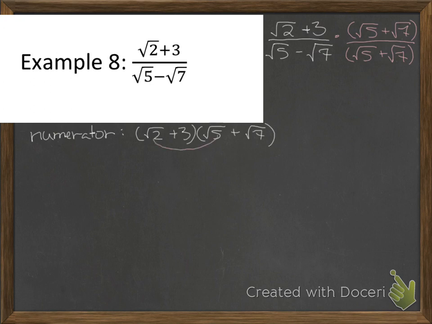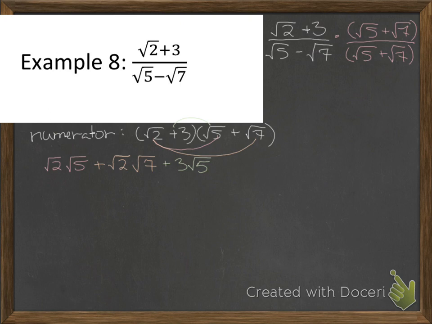So we have our first terms: the square root of 2 times the square root of 5. Then we have our outer terms, so plus the square root of 2 times the square root of 7. Then we have our inner terms, so plus 3 root 5.